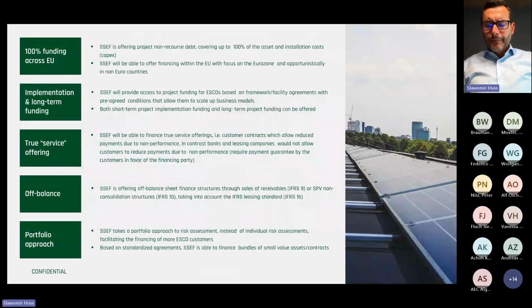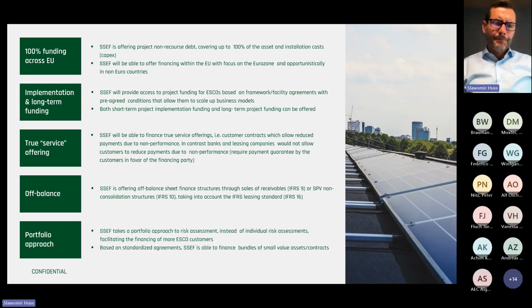Now, looking at our experiences, we've developed a product that allows for scaling up the small-scale efficiency investments, and there are a few assumptions. I will go through some of them.